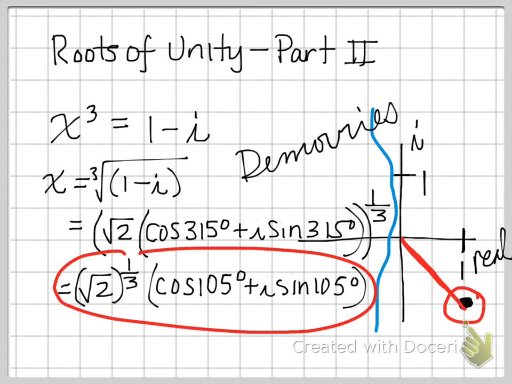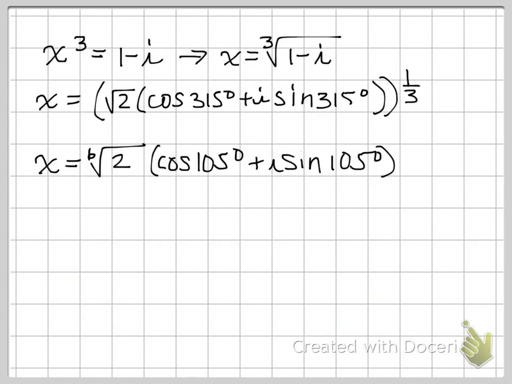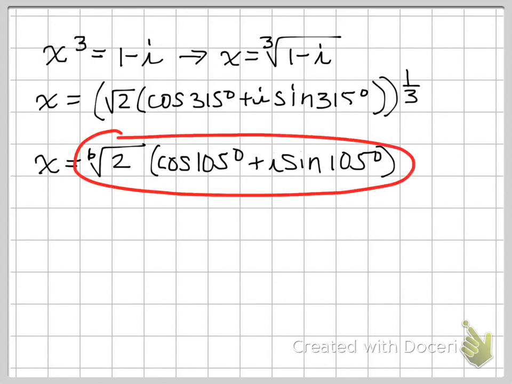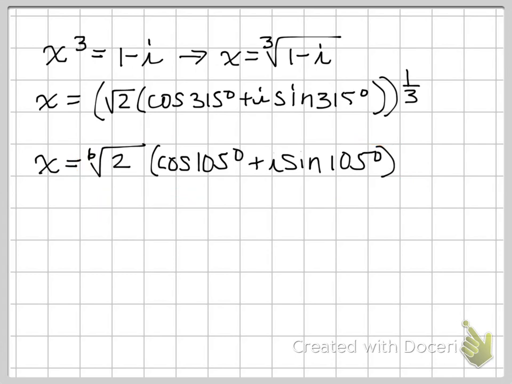Okay, now I'm going to clean that up a little bit on a separate page. All right, so here I've cleaned it up, and there is our first root. And I just changed the rad 2 to the 1/3, and that's the 6th root of 2. You should be able to use your properties of radicals and exponents in order to understand how I did that.